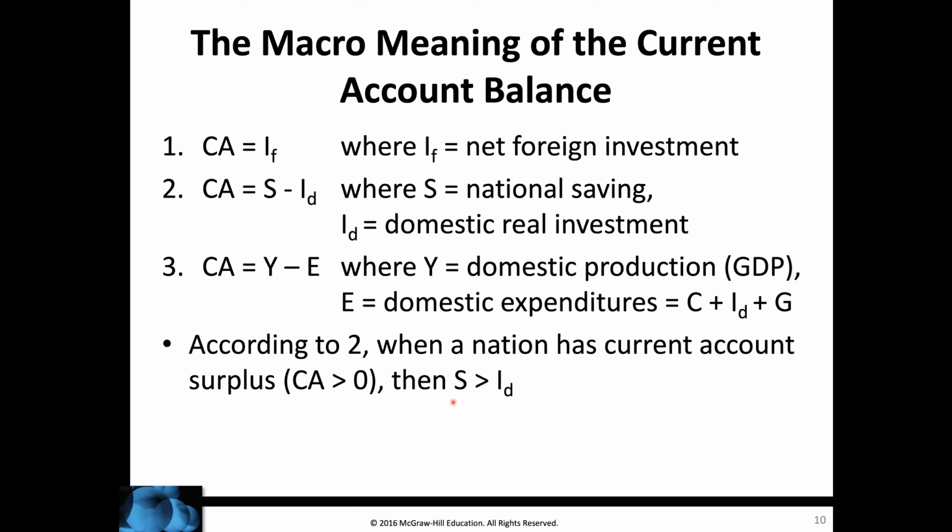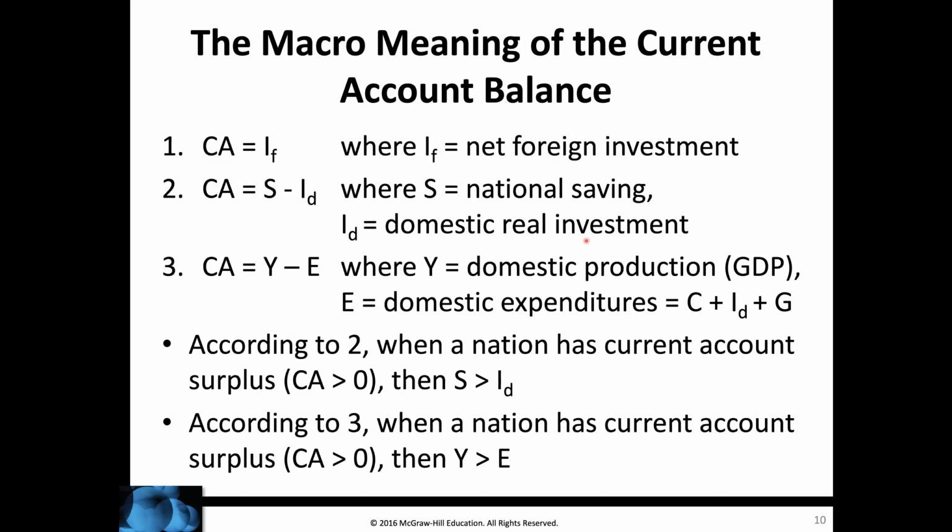So according to number 2 up here, when a nation has a current account surplus, so the current account is greater than 0, that would mean that S would have to be greater than ID. So national savings is greater than domestic real investment.